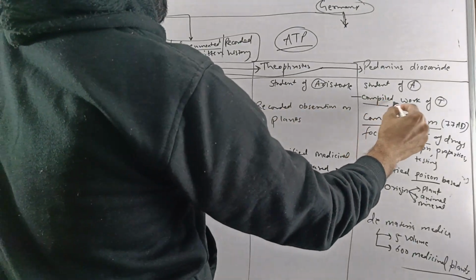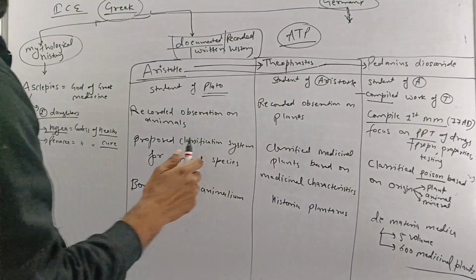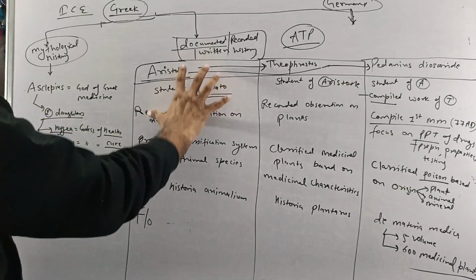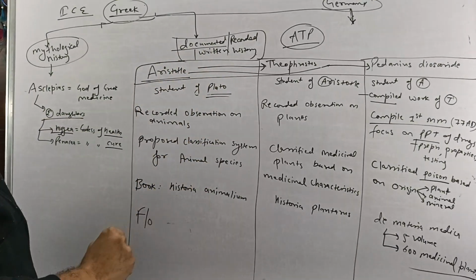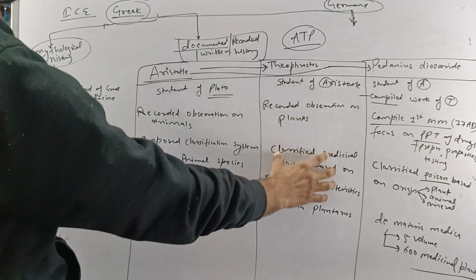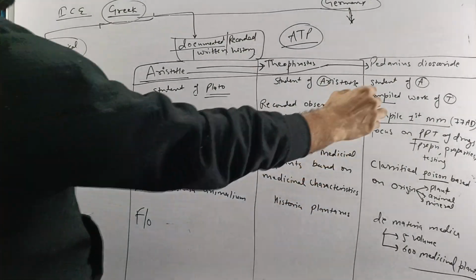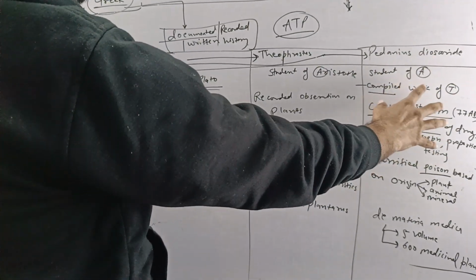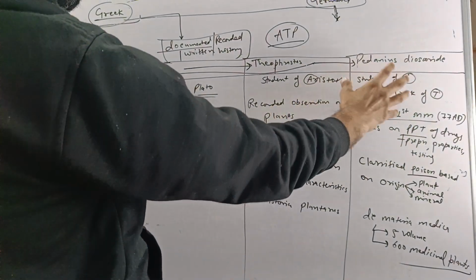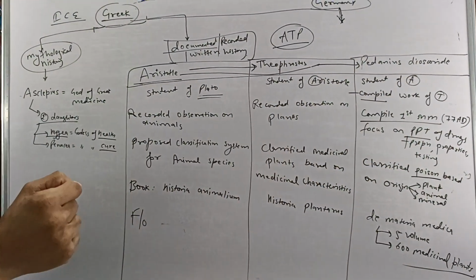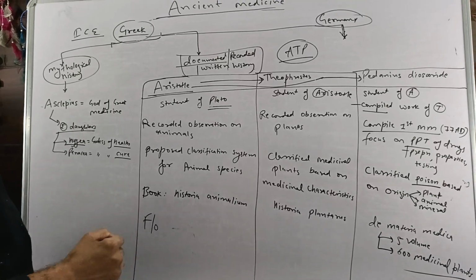He also compiled the work of Theophrastus. Aristotle is mainly related with animals and Theophrastus with plants, and Dioscorides compiled this plant knowledge into a book named Materia Medica.